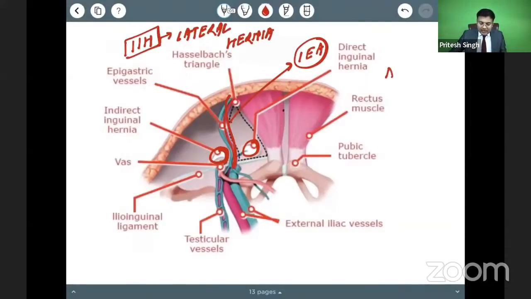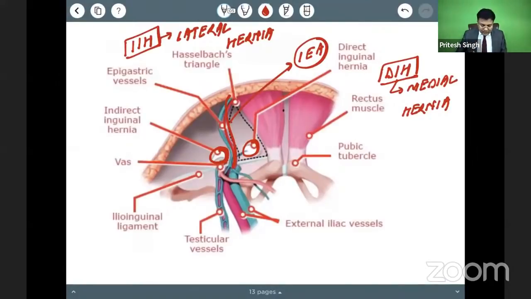And direct inguinal hernia, since it is located medial to inferior epigastric artery, is also known as medial hernia. Simple. Concept is clear. So answer is direct inguinal hernia. Why? Because it was medial.